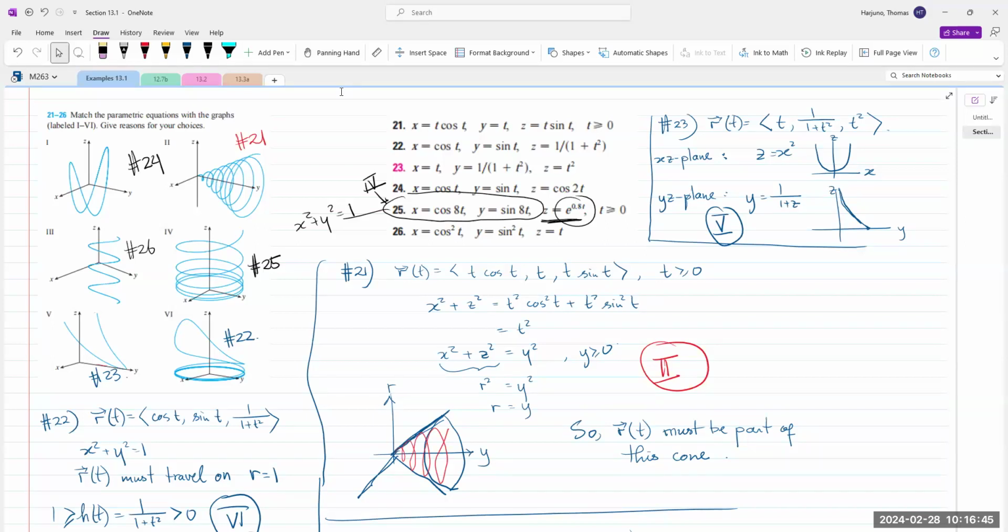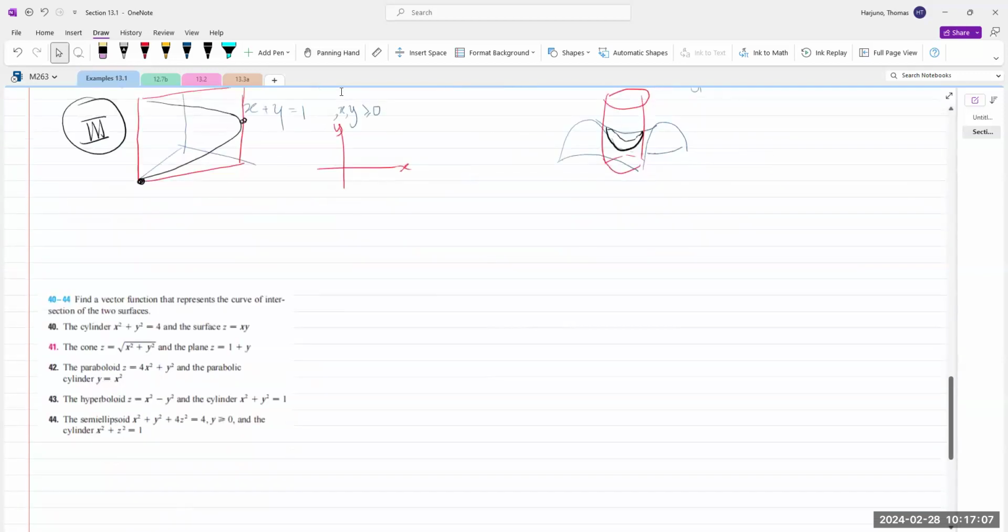Now to graph that, again, you can use GeoGebra to confirm. What we do here is try to match from the vector function and guess which of these 6 graphs is the one that matches the most. Okay, let's go on further.